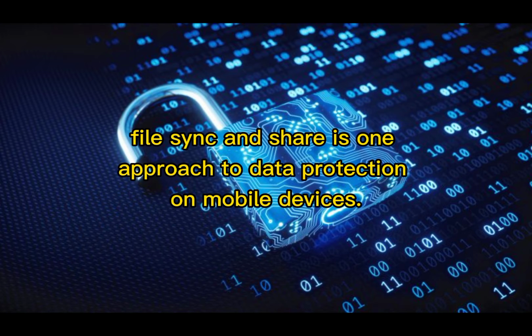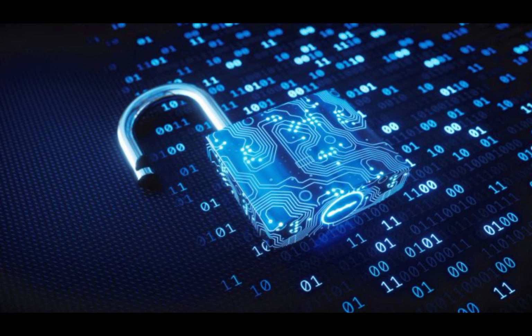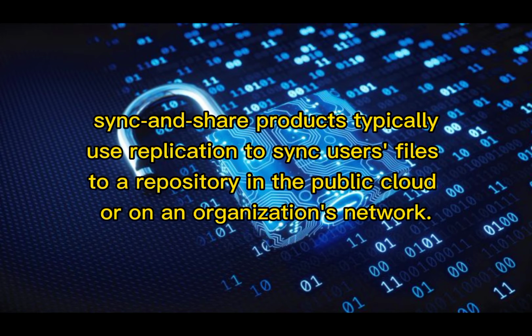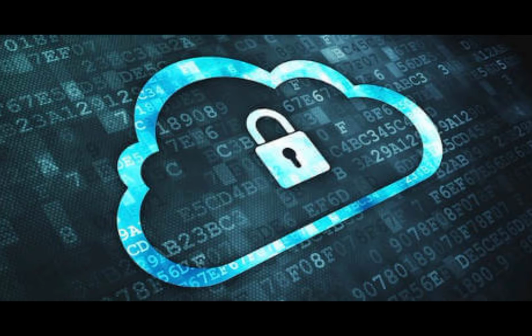File sync and share is one approach to data protection on mobile devices. While it isn't true backup, file sync and share products typically use replication to sync user files to an authority in the public cloud or an organization's network.